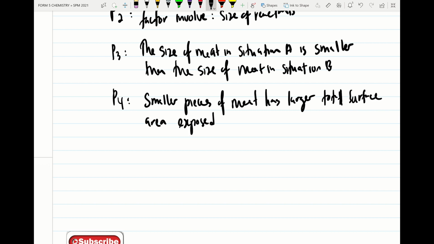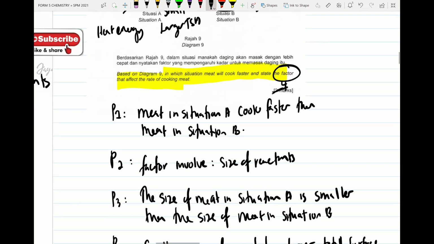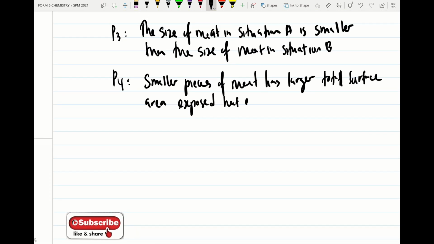Exposed to what? Please check here, they put heat, so exposed to heat energy.